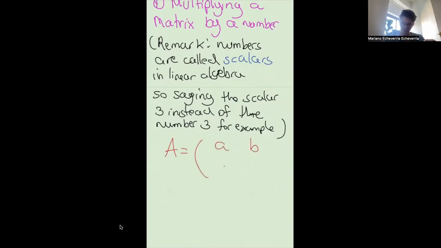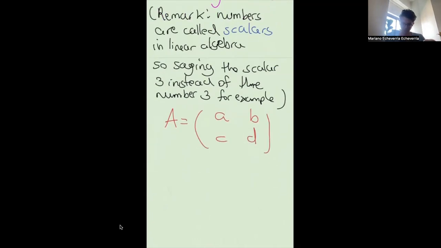If I had the matrix with entries A, B, C, D, and I wanted to talk about the matrix 3A, think about this as the number 3 times the matrix A. The convention, which ends up being most useful, is to just multiply every single entry of the matrix by that number. So you just put a 3 in front of everything.